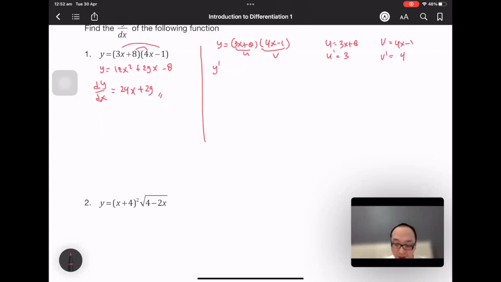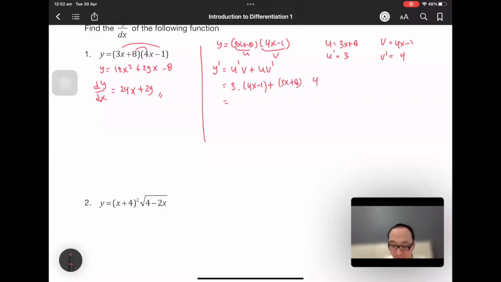So the function y prime is u prime v plus u v prime. So u prime is 3, v is 4x minus 1, plus u, which is 3x plus 8, times v prime, which is 4.